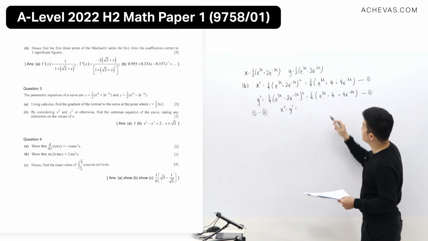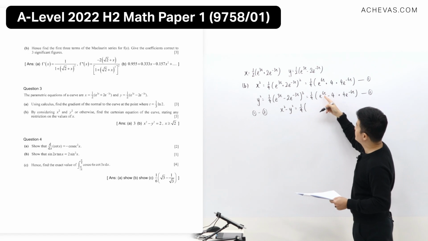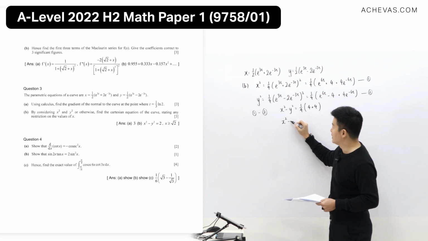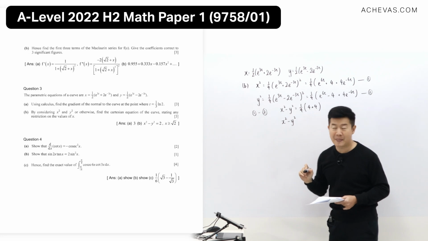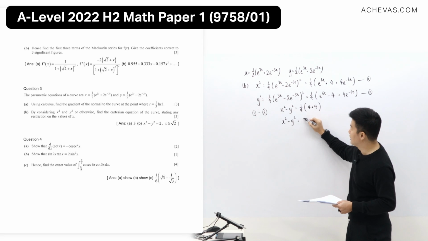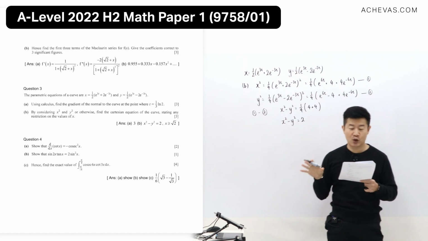And on the right-hand side, it will be 1/4 of this minus this, which will disappear. This minus this is going to become 4 plus 4. This minus this will disappear. So now we are left with x squared minus y squared is equal to 1/4 times 8, which is equal to 2. Nice. This is our Cartesian equation.